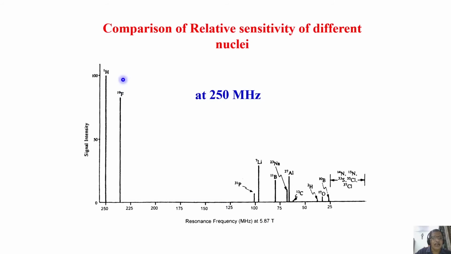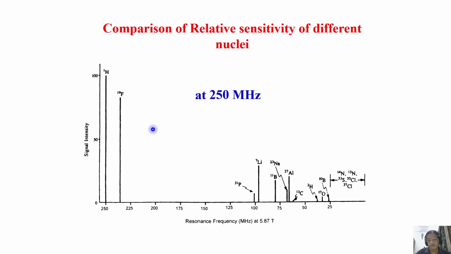Let us call it 100%. Under identical conditions, when we record the spectrum of other nuclei, what will be their signal to noise ratio compared to that of proton? If you see that fluorine is about 80-85%, less sensitivity is 85% compared to that of proton.